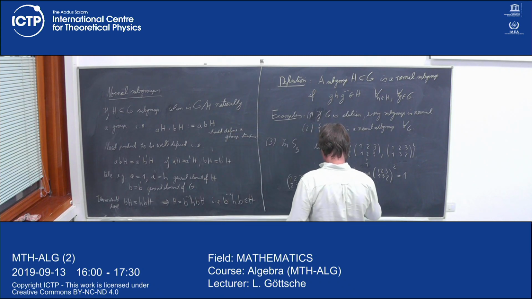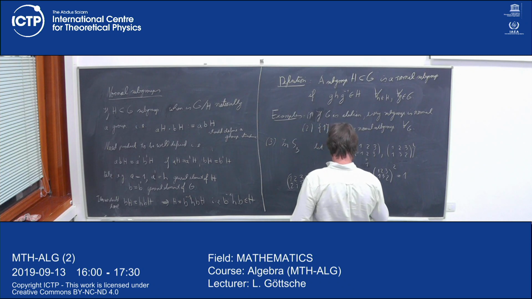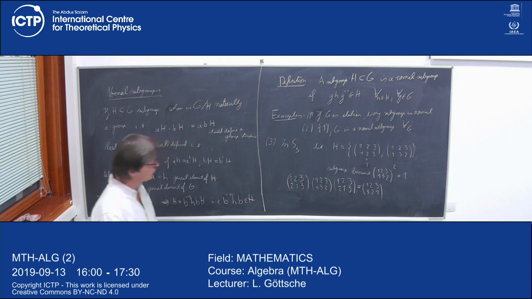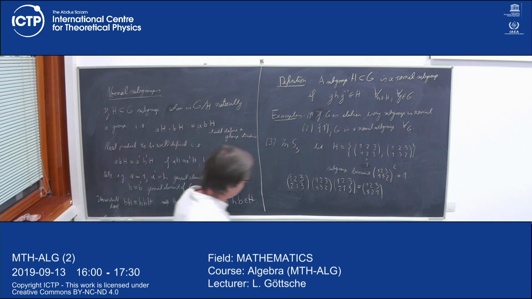If I'm not mistaken, it's (1 2 3 / 3 2 1). So this does not lie in the subgroup, and we have an example of a non-normal subgroup.